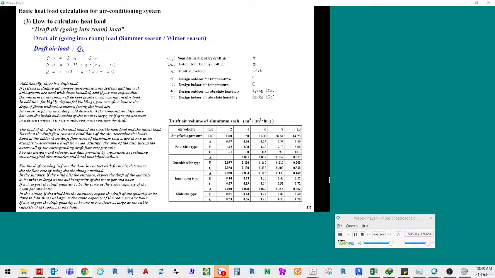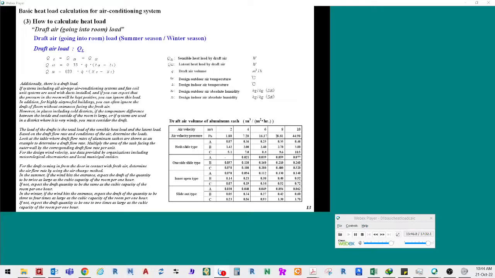In addition, for highly airproofed buildings, you can often ignore the draft of floors without entrances facing the fresh air. However, in places including cold districts, if the temperature difference between the inside and outside of the room is large, or if systems are used in a district where it is very windy, you must consider the draft.